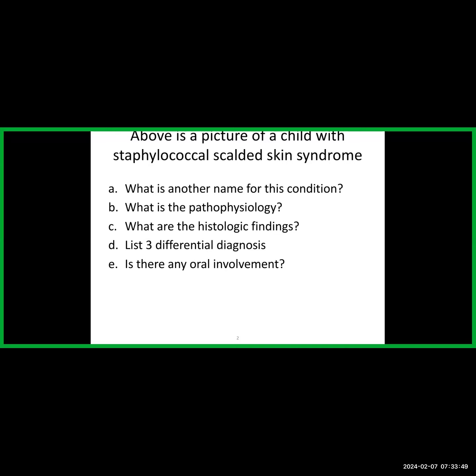There are no specific sites for it, because sometimes you cannot find the remote site. It's only when the bullae have appeared that you see the characteristic findings seen in staphylococcal scalded skin syndrome.